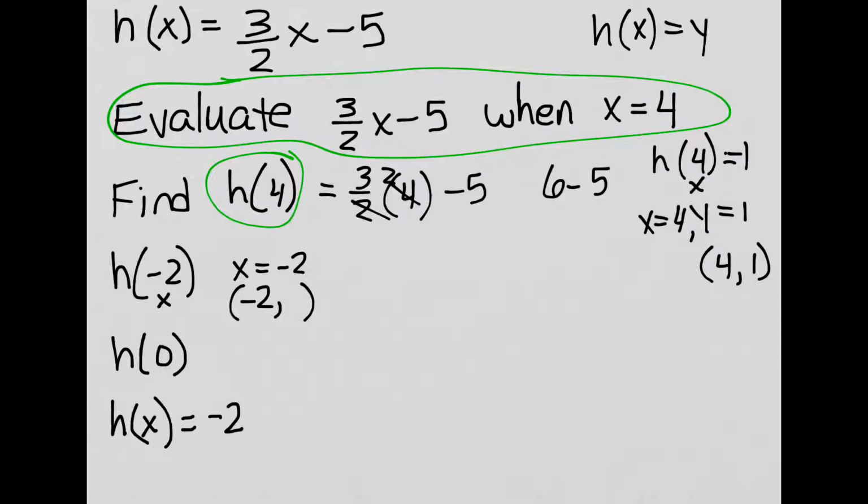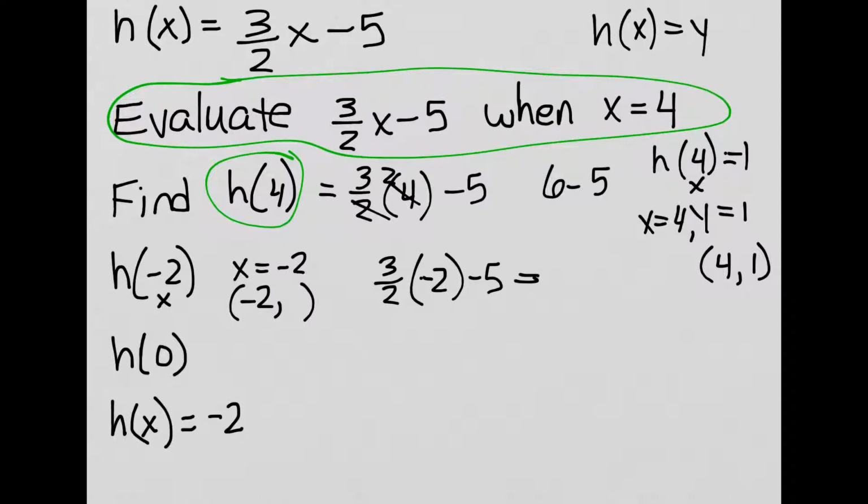The function notation is telling me to evaluate this expression, 3 halves x minus 5, when x is negative 2. And you can feel free to type this on your calculator if you don't understand: 3 halves times negative 2 is negative 3, minus 5 is negative 8.